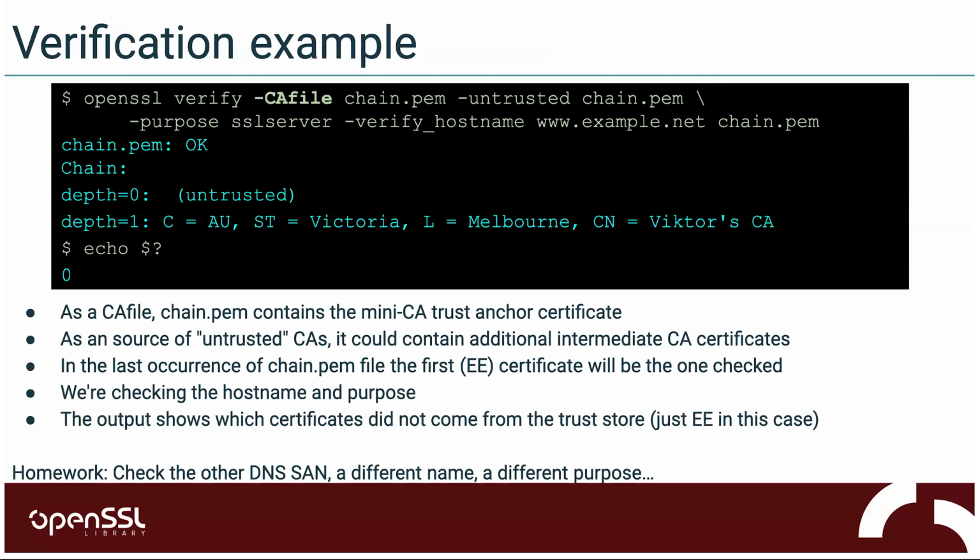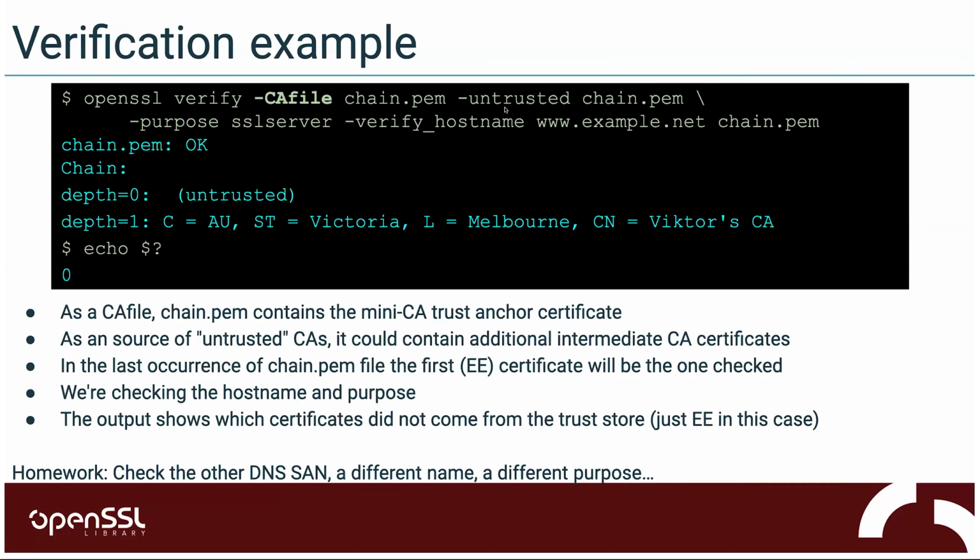Okay, verification example. Let's be concrete and run this command. We can say verify, and we're using our chain file as the CA file, because you might recall that the self-signed trust anchor that we generated, our mini CA, ended up in the chain file. We copied it in there. So we can use our chain file itself as the additional source of trust.